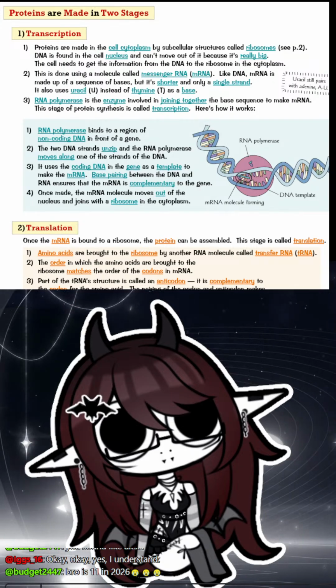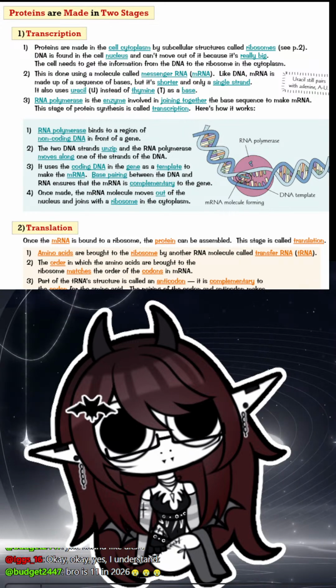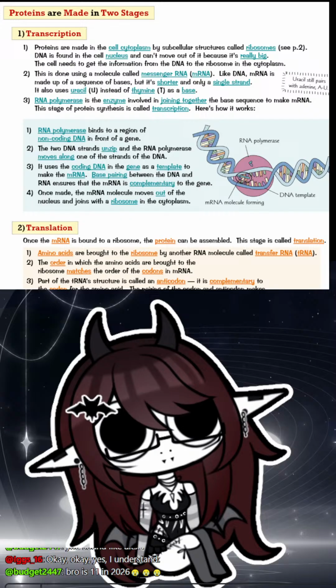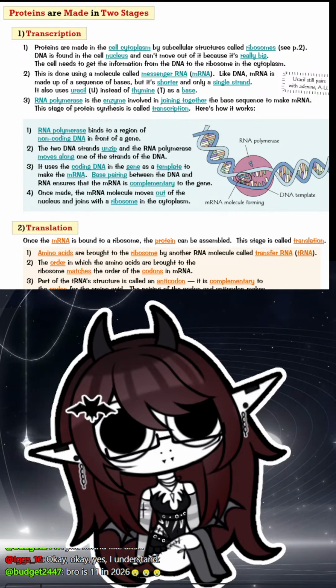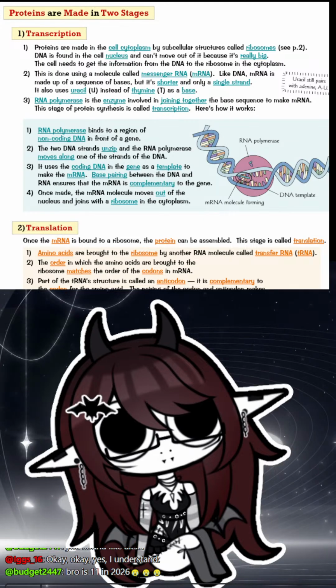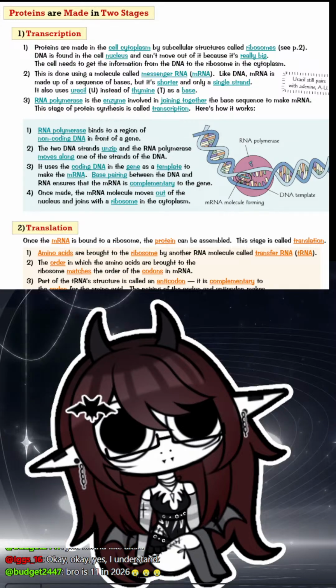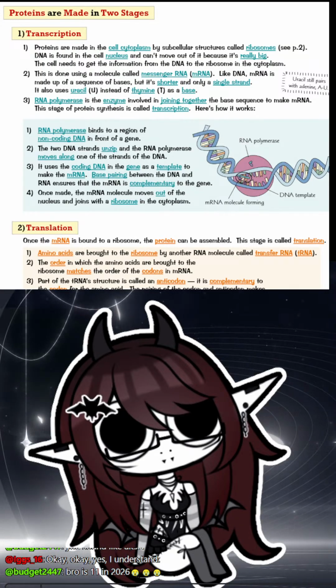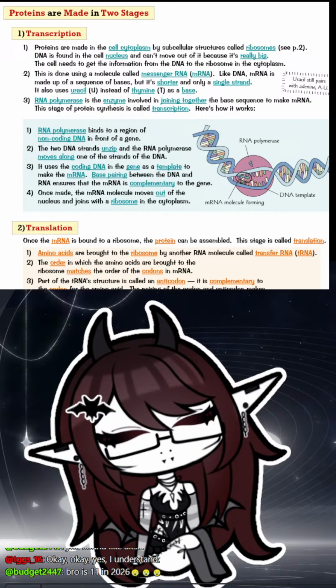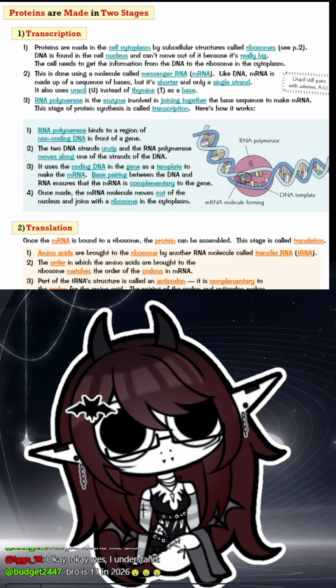Like DNA, mRNA is made up of a sequence of bases, but it's shorter and only a single strand. It also uses uracil, U, instead of thymine as a base. RNA polymerase is the enzyme involved in joining together the base sequence to make mRNA.